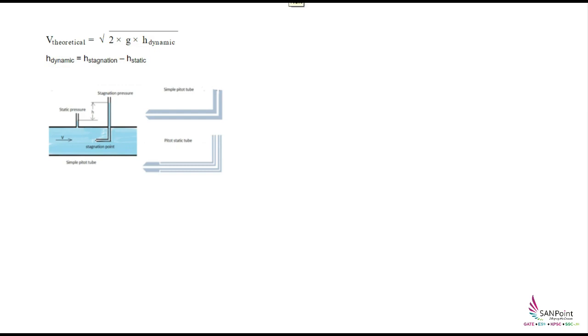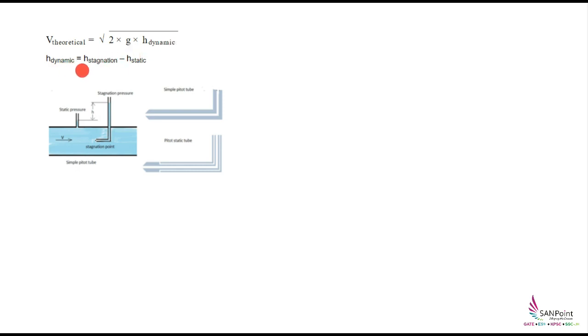In this diagram you can see that this is the pipe section, and in this pipe we have inserted a tube, which is called a pitot tube. The main purpose of inserting this tube is that we are able to compute the velocity. The formula is also written here: the velocity of the flow through the pipe is given by under root 2 into G into H dynamic.